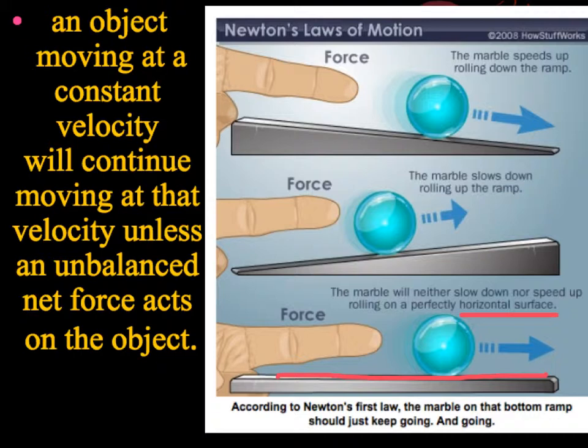Here on Earth, if we're rolling an object downhill, we notice that velocity increases due to gravity pulling it downward. We see velocity slowing down of an object being rolled uphill because of friction. But again, if we were able to construct a perfectly horizontal surface lacking friction, this marble would just continue going on and on and on.